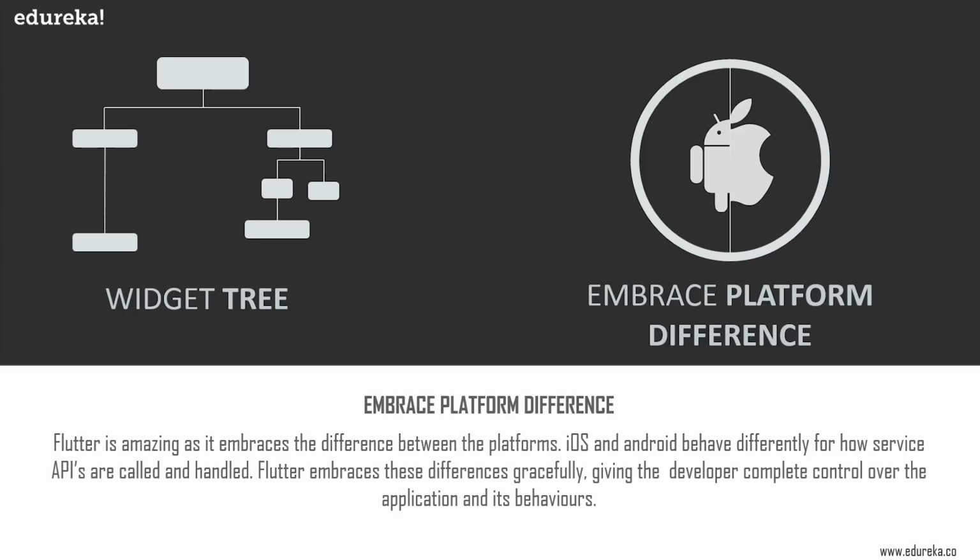While apps might perform and act the same way on both platforms, how they interact with hardware services like Bluetooth and the speakers is completely different. So you have different APIs that are called and handled for these different services. And the best part about Flutter's architecture is that it has those, let's call them blank spaces, in the framework so that you can fill them in yourself and develop an app that has complete control over the application and its behaviors, regardless of whether it runs on Android or iOS.